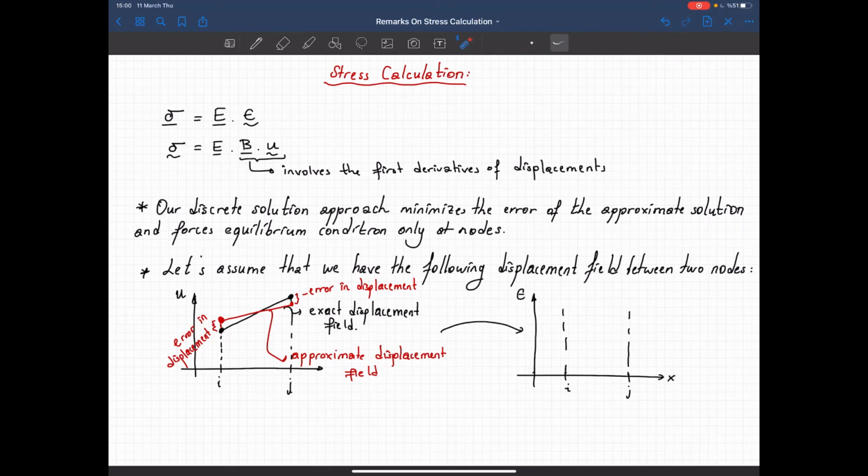So I'm looking at the slope of this line, right? So the exact strain field could be this much. But when you take the derivative of the approximate displacement field, you will see that the small errors that you see here can be significantly magnified.